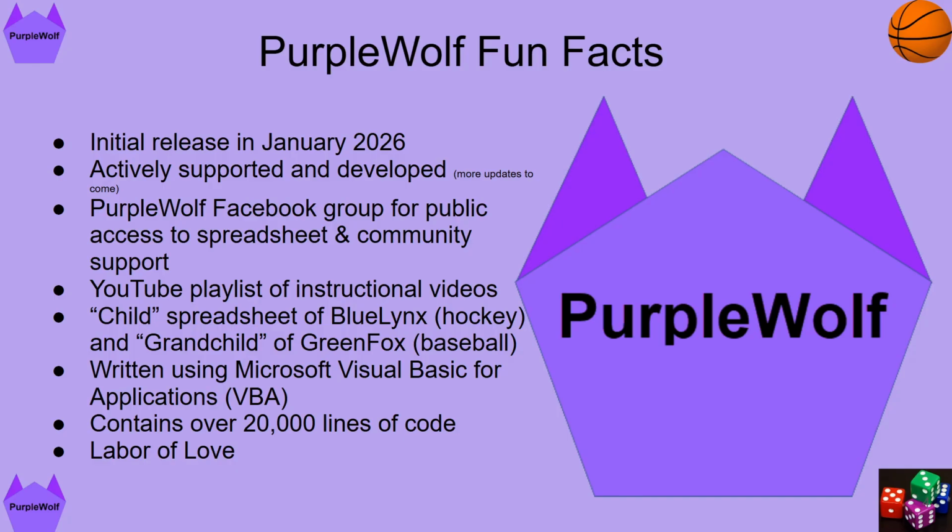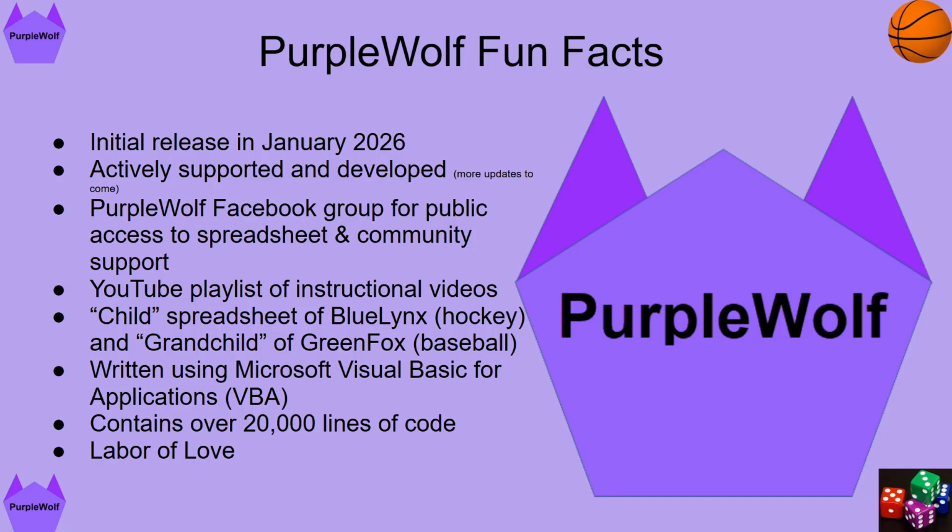The PurpleWolf spreadsheet is the third sports spreadsheet that I've programmed. And so I consider it the child of Blue Links, the hockey spreadsheet, and then that makes it the grandchild of Green Fox, which was the baseball spreadsheet that I first created.